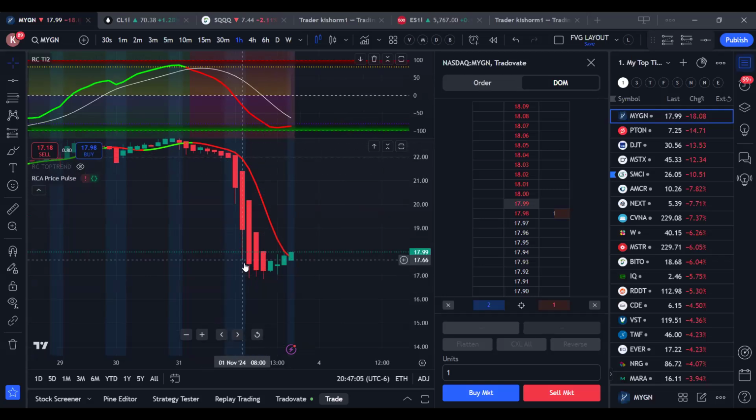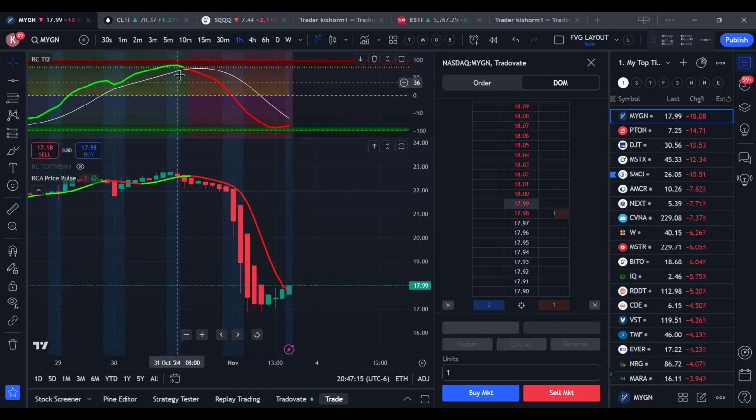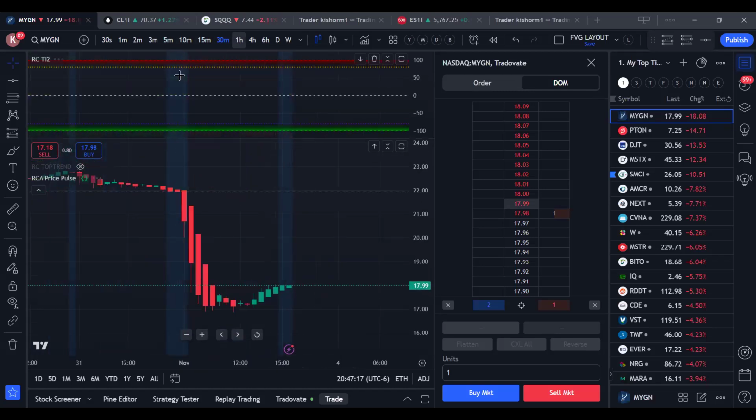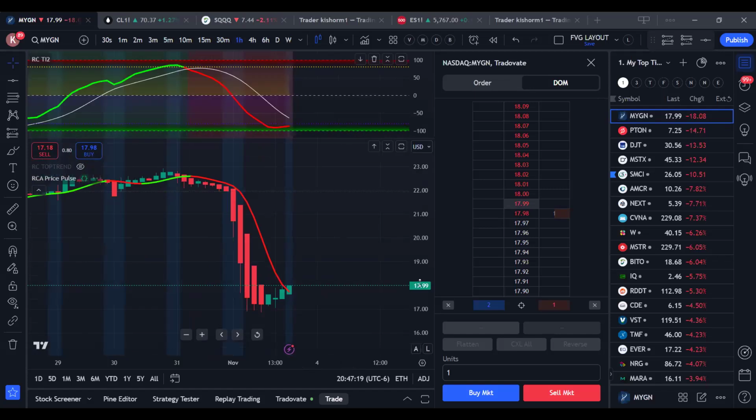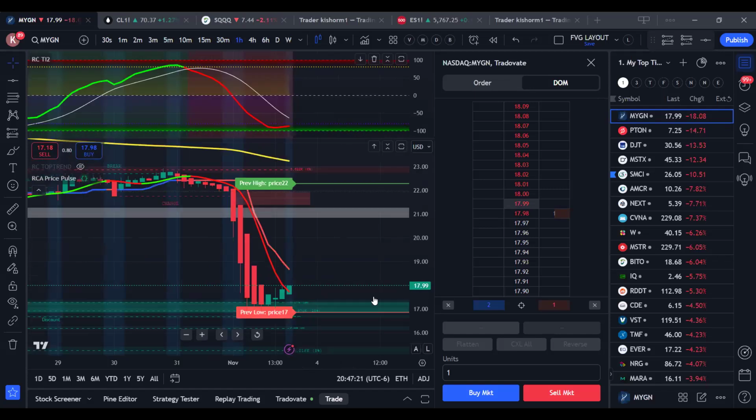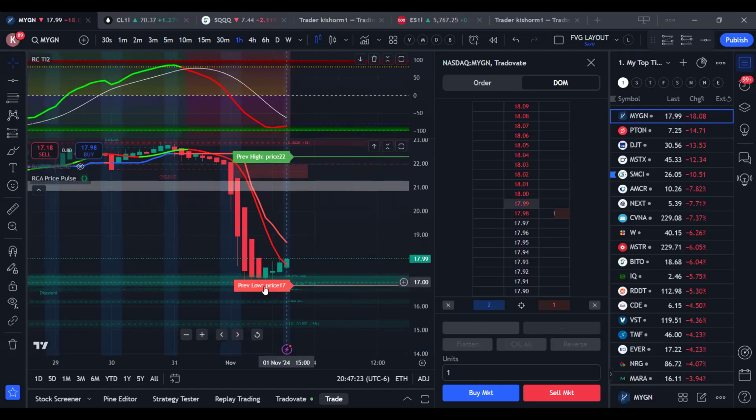Initially they will try to take it up and bring it down, and then they will bounce it back. So tomorrow we may see, your low price was $17 on Friday.